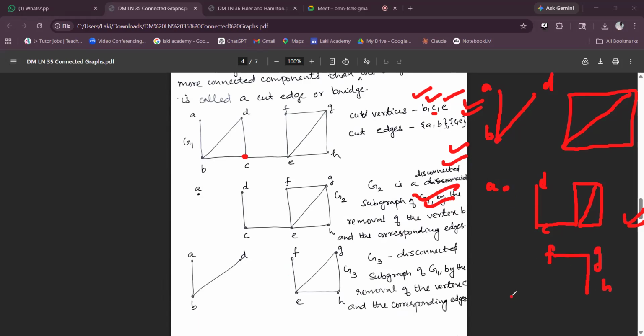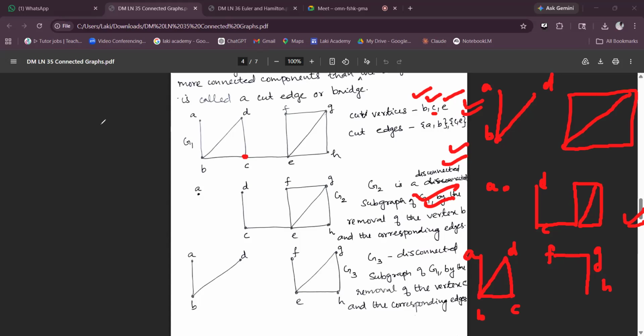FGH and ABCD. Right? Yes. It is divided into components of the graph, but the minimum number of vertices is one.